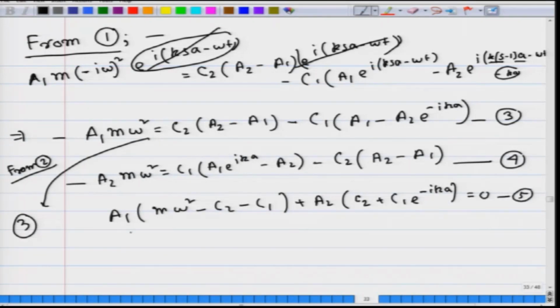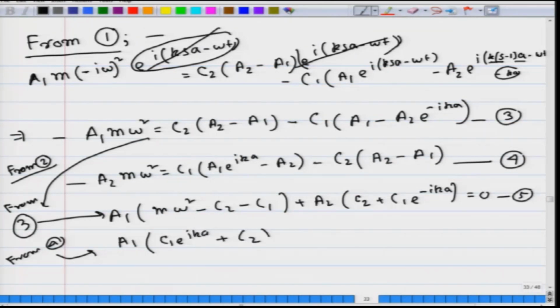And from 4 rearranging we will have A1 into (C1 e to the power i k a plus C2) plus A2 into (m omega squared minus C1 minus C2) equals 0. This is our equation 6.